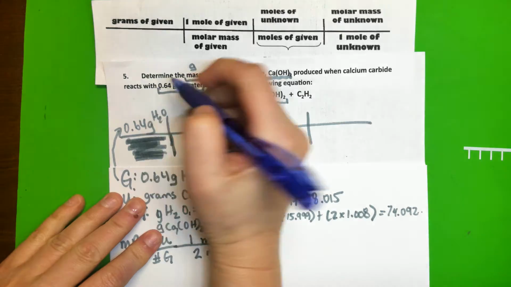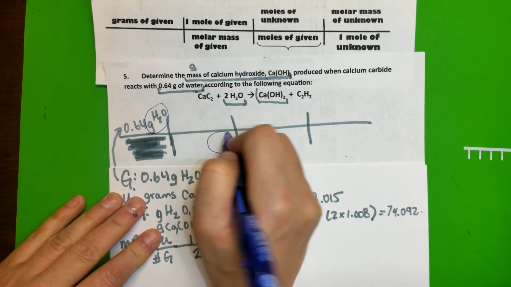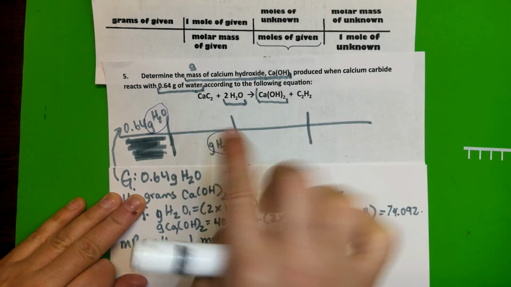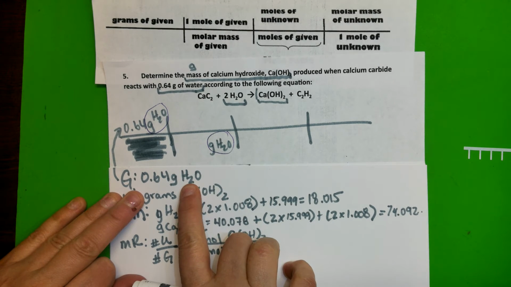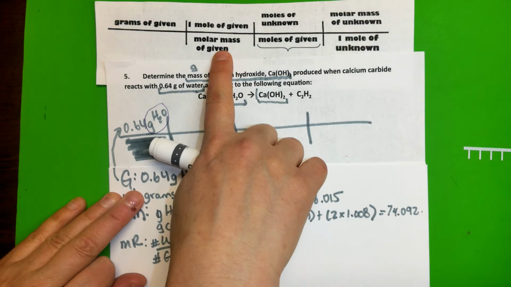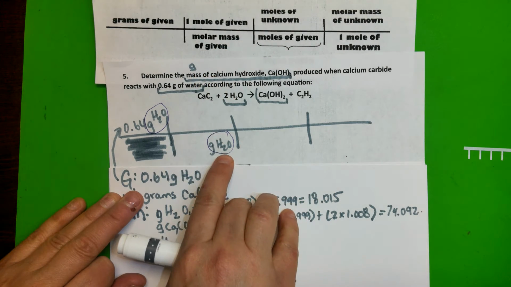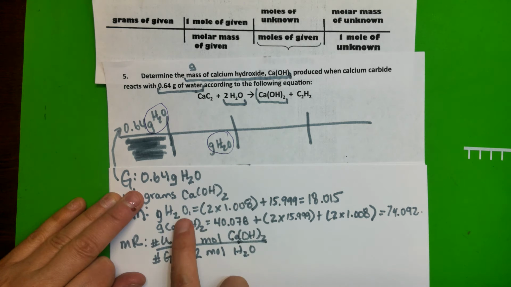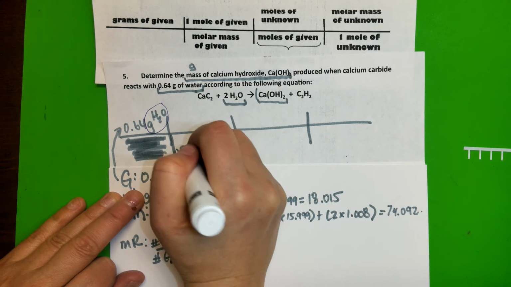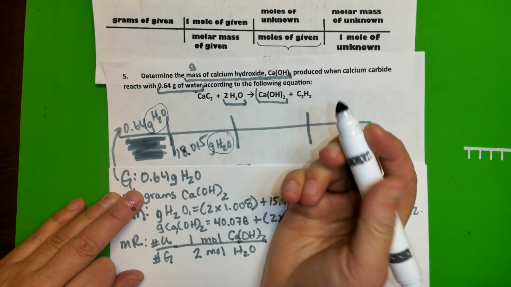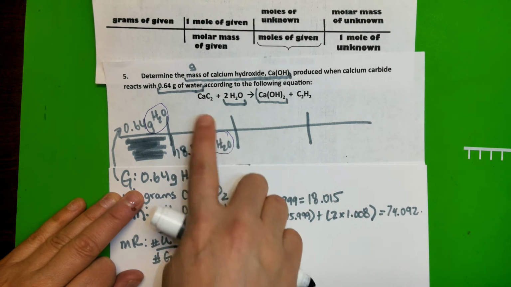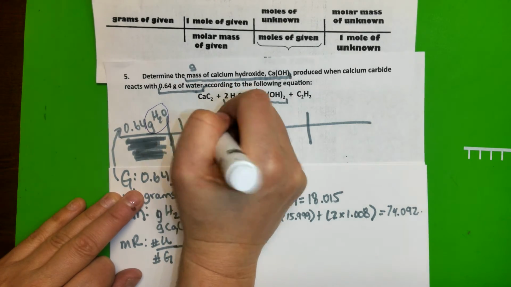This is grams of H2O, so that bottom part is grams of H2O. Since H2O is your given, you get the molar mass of the given on the bottom, so it's grams of H2O, which is 18.015, and that equals 1 mole of H2O.